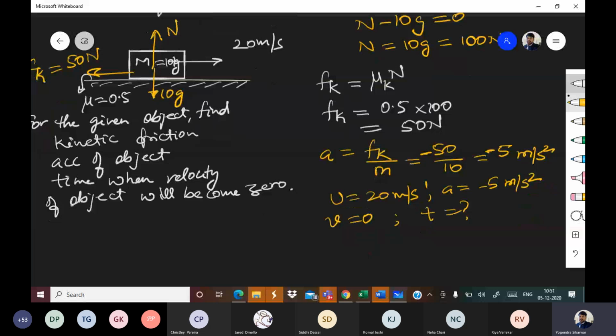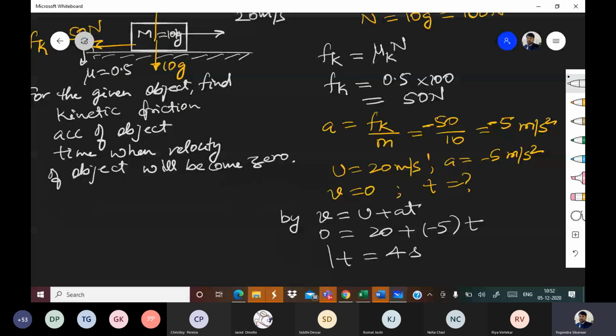By v is equal to u plus at, 0 is equal to 20 plus minus 5 into t. So t comes out to be 4 seconds. That is the answer.